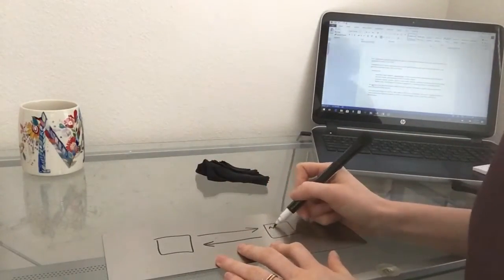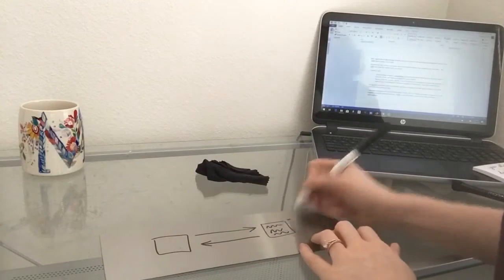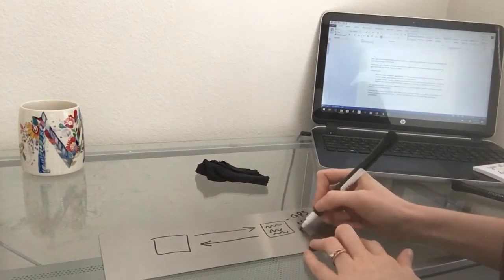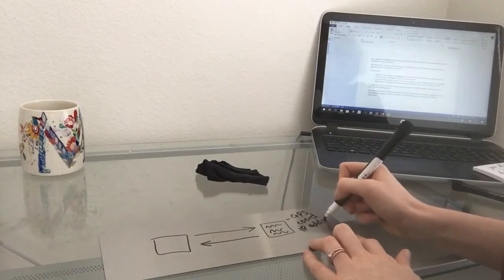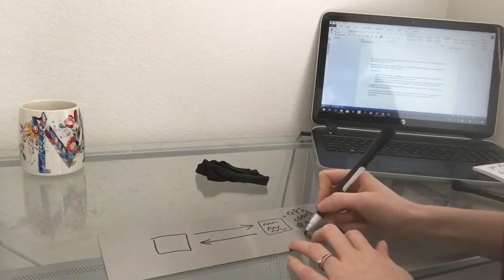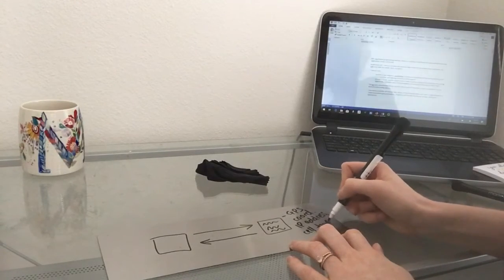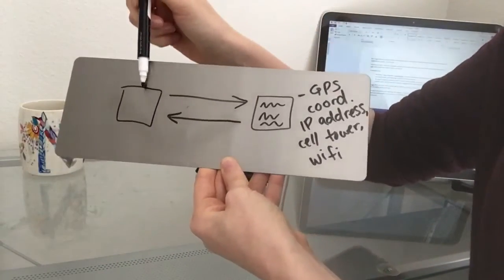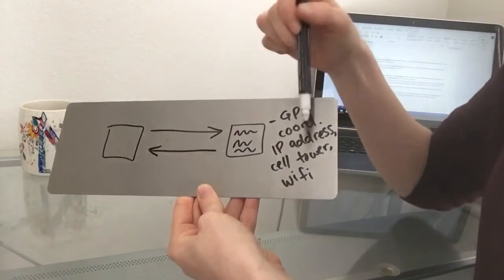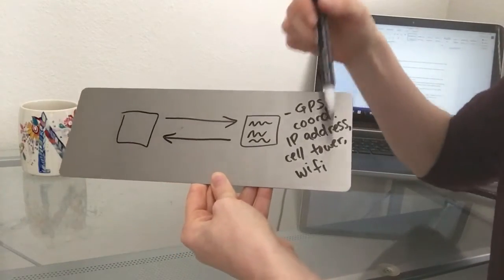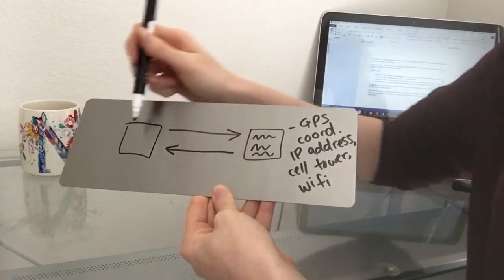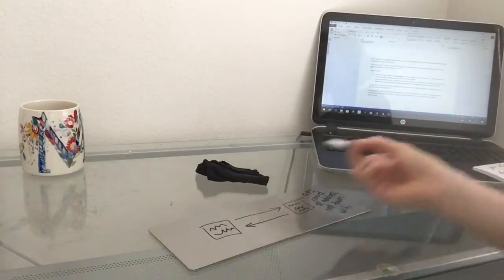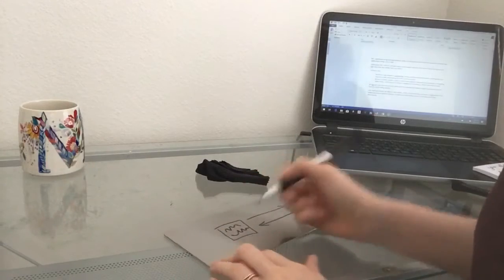Some of the information that a requesting app might be looking for includes GPS coordinates, a computer's IP address, if you're using a phone, the cell tower that was used, or the Wi-Fi that a phone's connected to. So the requesting application requests this information from the device that's being used, and this information is then gathered and sent back to the requesting application, and the data is translated and formatted as a location.